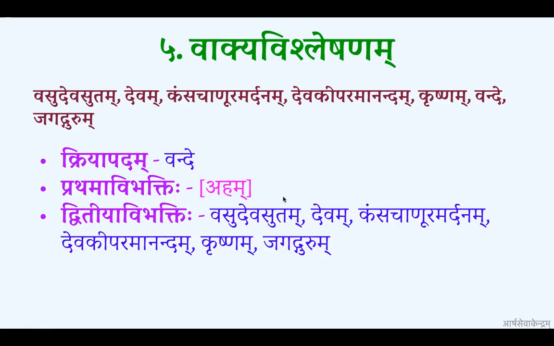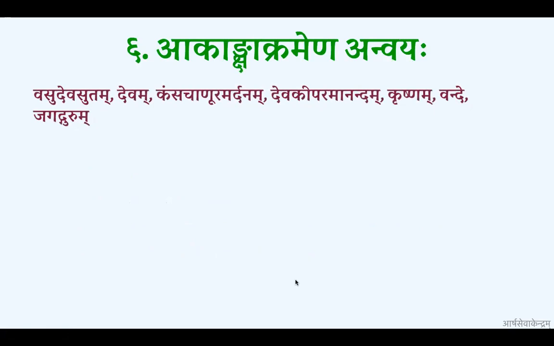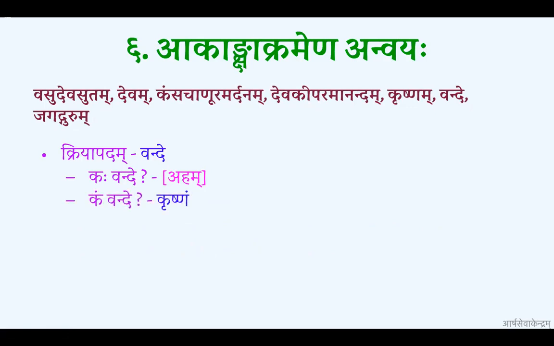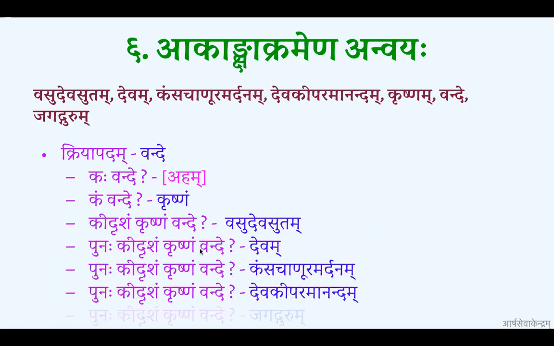So all the prathama vibhakti words in one grouping, dvitiya vibhakti words in one grouping, etc. Now it will be easy to ask questions. Kaha vande, aham vande, kam vande, Krishnam vande, kidrusham Krishnam vande, Vasudeva Sutam, punaha kidrusham devam, punaha punaha, until you exhaust the entire shloka.